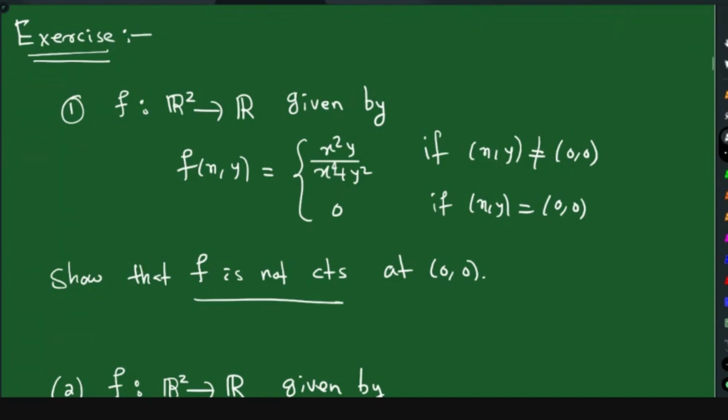You can just construct one sequence and show that this is not continuous at (0, 0).